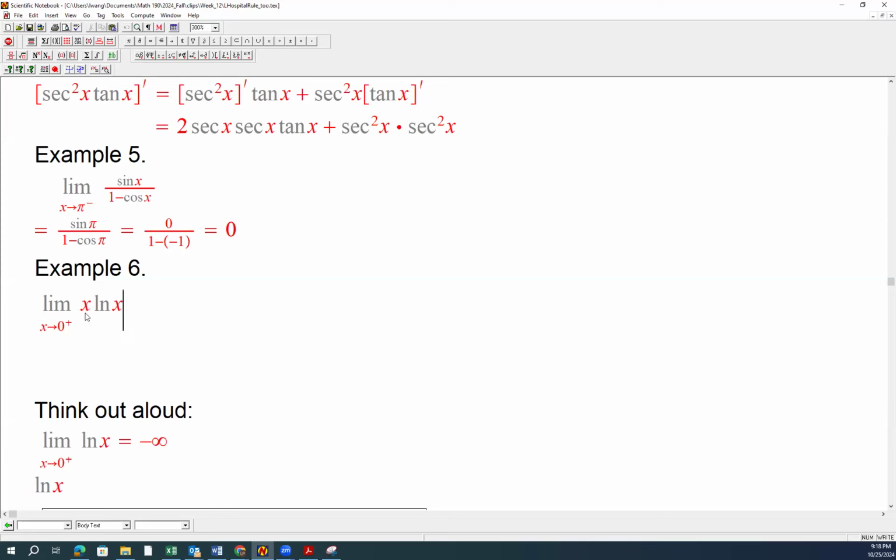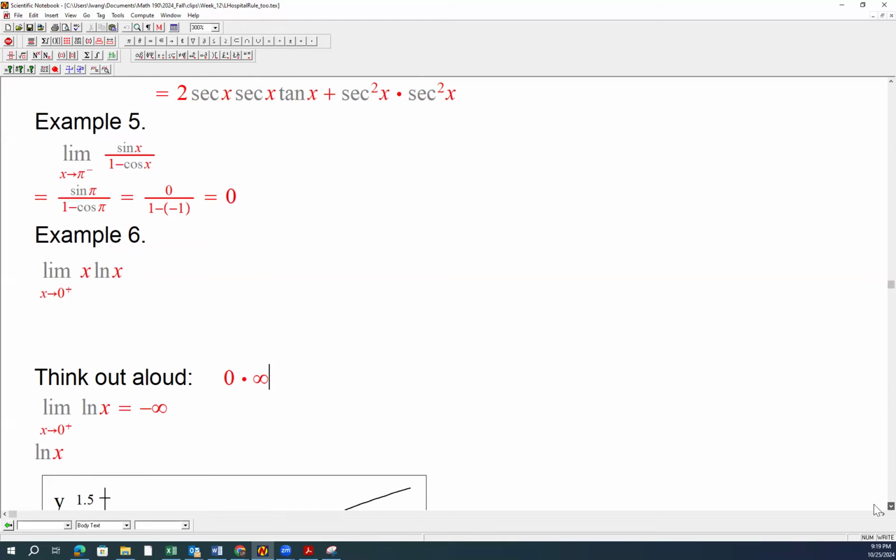But when x is approaching 0, we basically have a 0 multiplied by infinity situation.